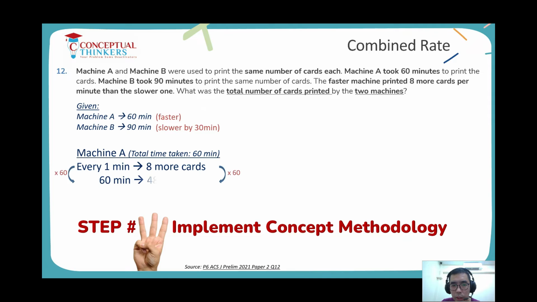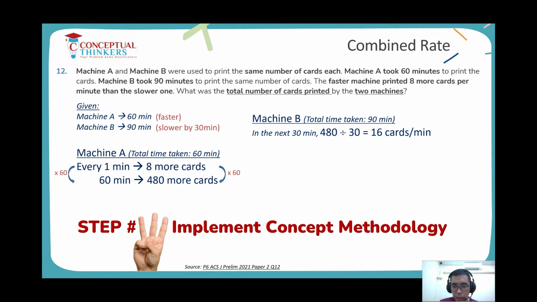Since machine A took 60 minutes to print all the cards, if we look at both machines at the 60th minute, machine A actually printed 480 more cards than machine B. What this means also is that machine B, since it took 90 minutes to print all the cards, in the next 30 minutes after the 60th minute, is used to catch up and print 480 cards.